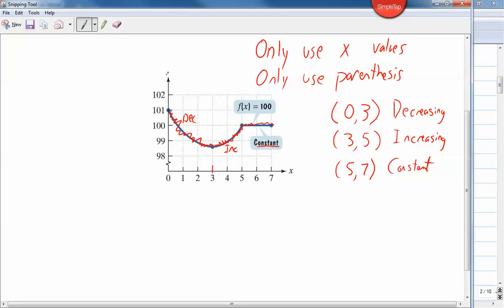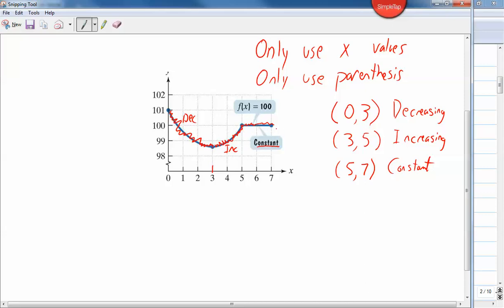Like on your test, the graph could have all three, decreasing, increasing, and constant, but I might just ask for one of these. So writing them all down is one way that you can make sure that you'll know when is it increasing, when is it decreasing, or when is it constant. Now a graph doesn't have to have all three.